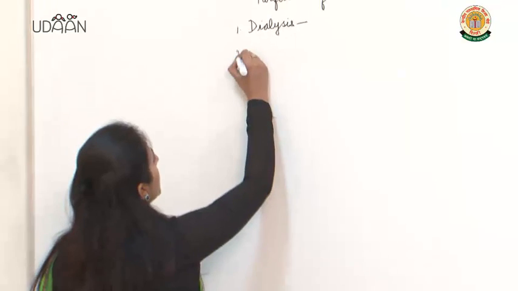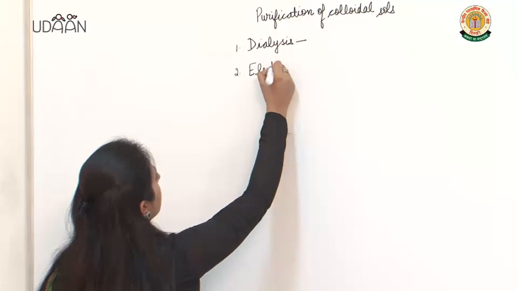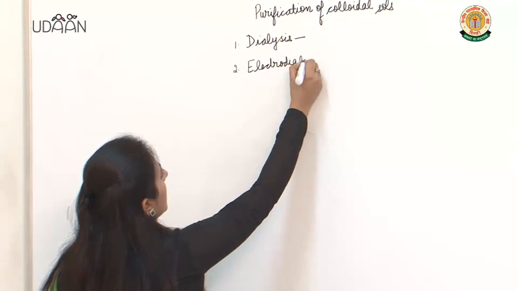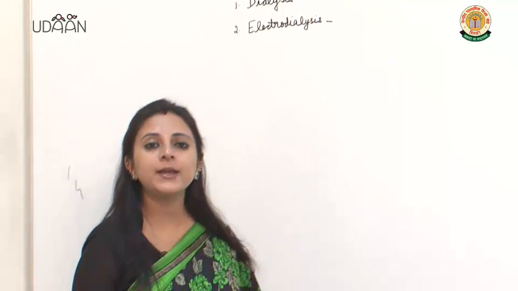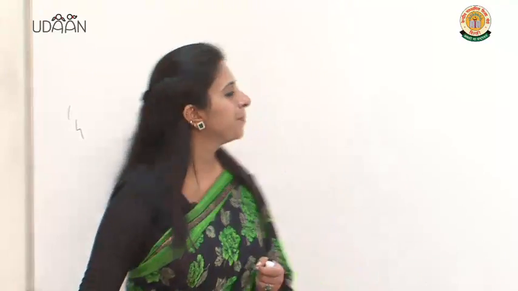Next is electrodialysis. If we want to speed up this process, we apply electricity to it, dialysis becomes faster and the separation between colloids and crystalloids can be done faster.